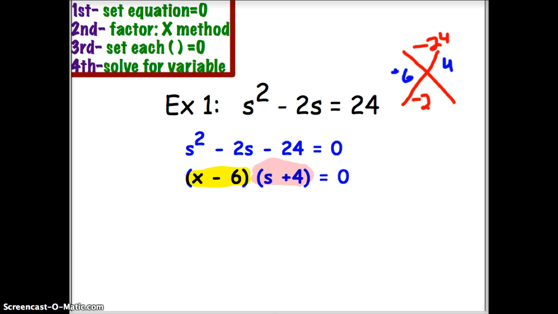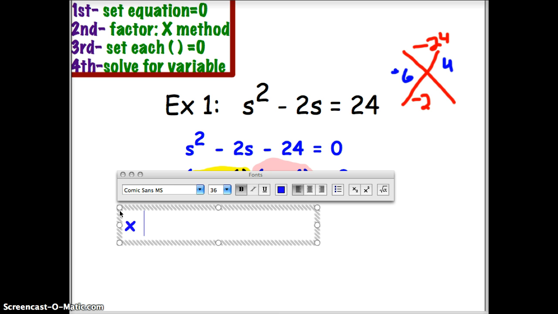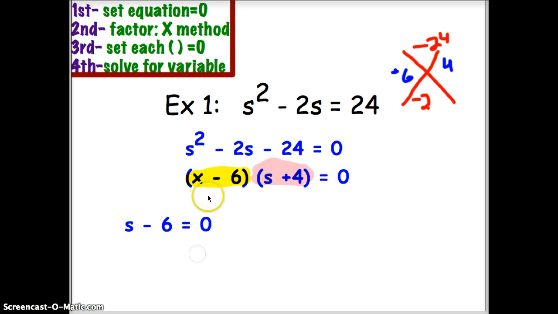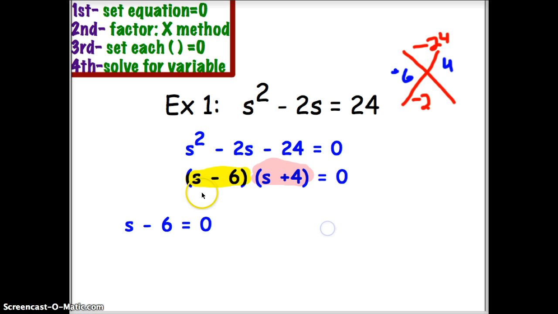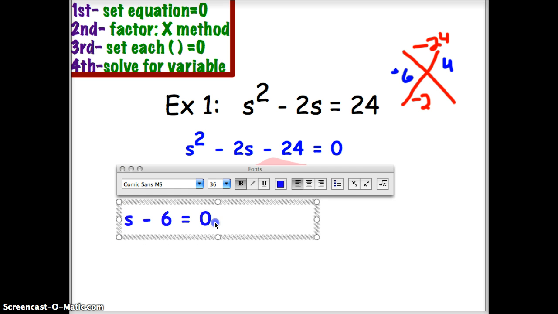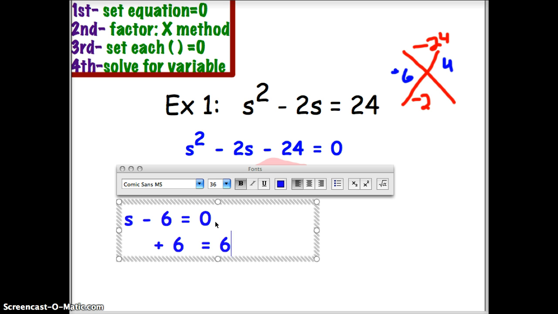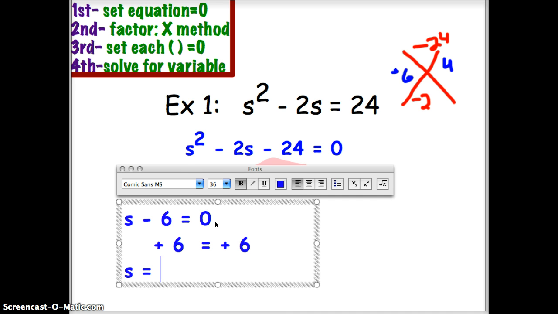So if s minus 6 is 0, we're going to have to add 6 to each side. And we end up with s equaling a positive 6.